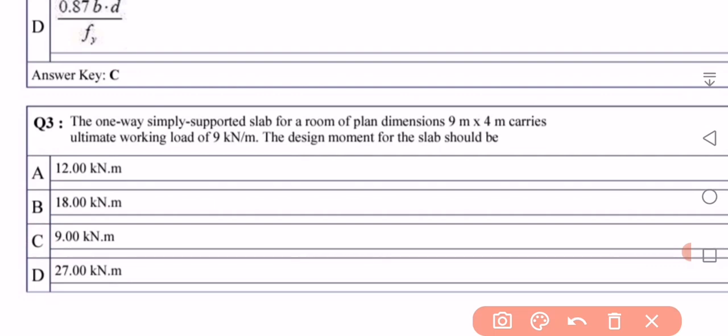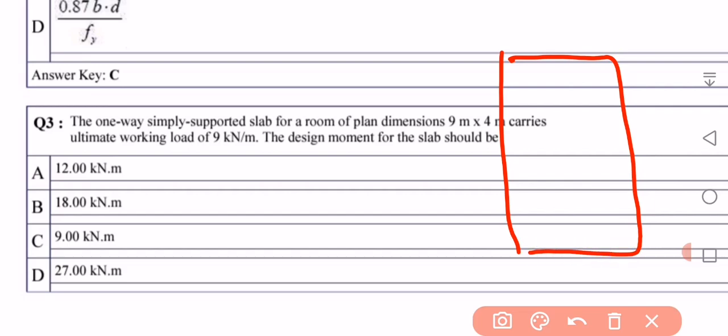In this question, the dimension of the slab is given here, 4 meter and 9 meter.